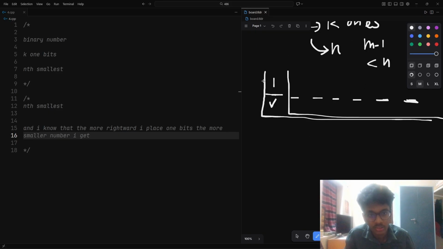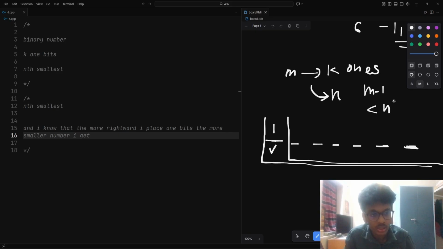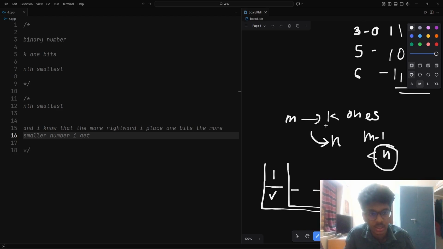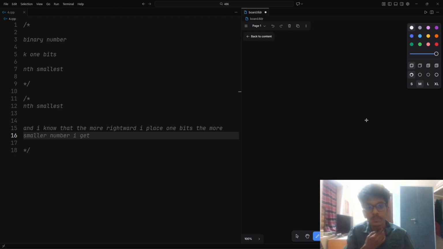That means if this particular blank is meant to be 0, we will have fewer than n numbers satisfying this k 1s case. So let's say there are m blanks till here.